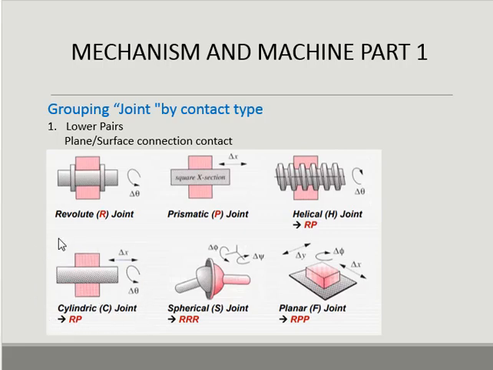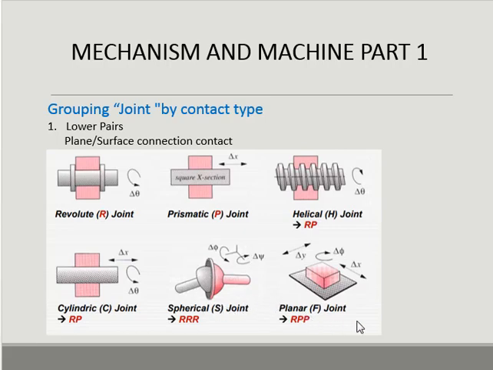This is a combination of rotation and linear motion. And the fifth is the spherical joint. It has 3 motions: first rotation, second rotation, and third linear motion.